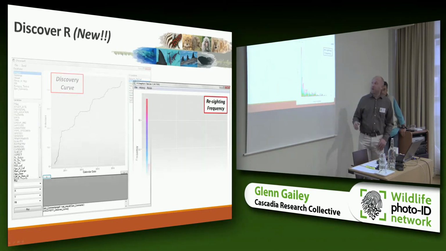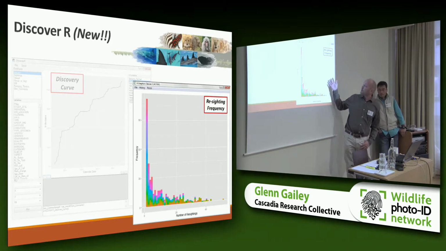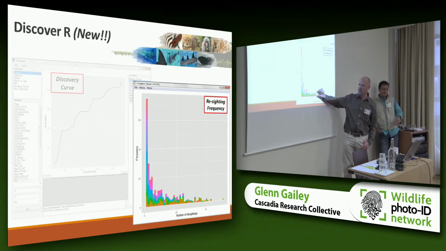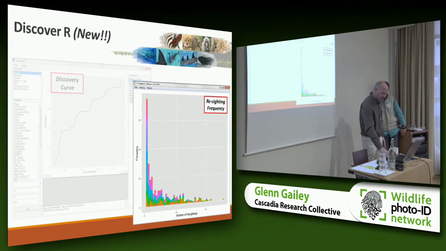Here's an example where we're doing resighting frequencies, which looks a bit psychedelic, but the color coding is actually by individual. If I saw one individual 20 times, it would be all one color, but you can see our sightings have many different individuals through different times. But you can change that. It's totally open source. You can get rid of it if you like.